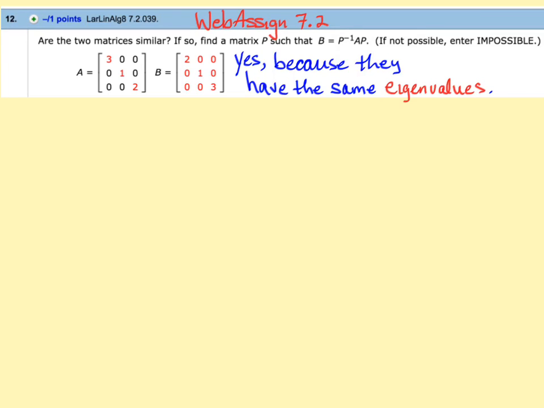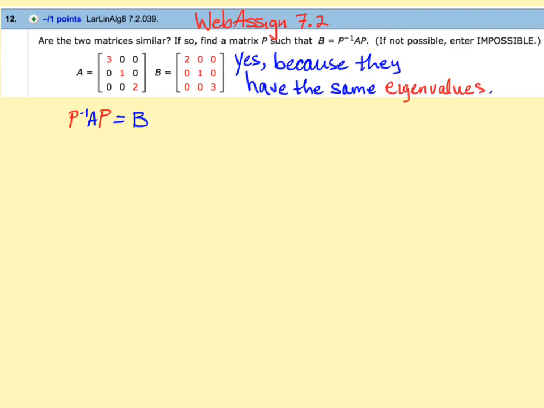And P is invertible because the columns are linearly independent. And then when we multiply matrix A on the left by P inverse and on the right by P, we're going to get a diagonal matrix B.